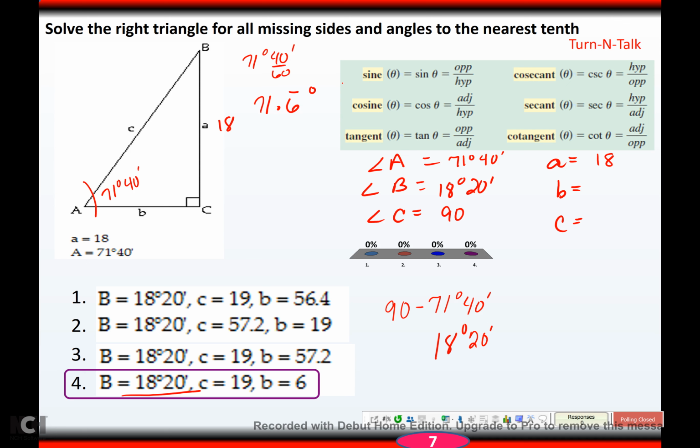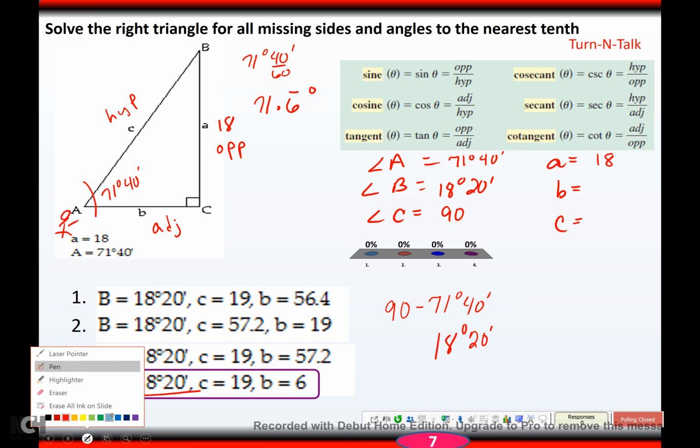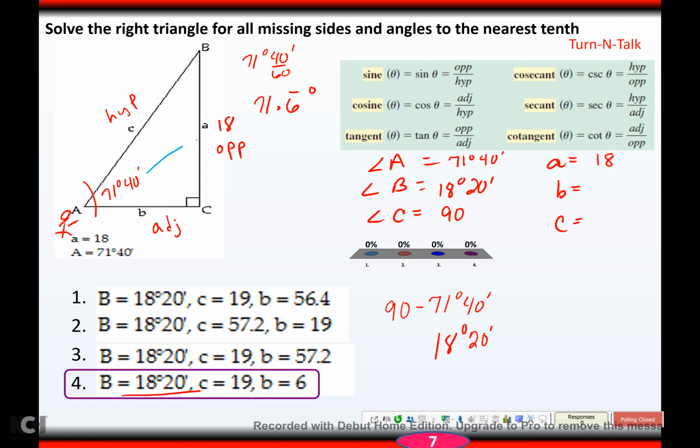So I need to use all degrees when I'm doing my trig. If I'm standing here, I know opposite, and I'm looking for hypotenuse and adjacent. If I want to find adjacent from standing there, I know opposite, and I'm looking for adjacent. Opposite and adjacent is tangent.